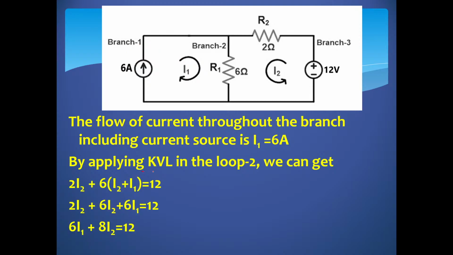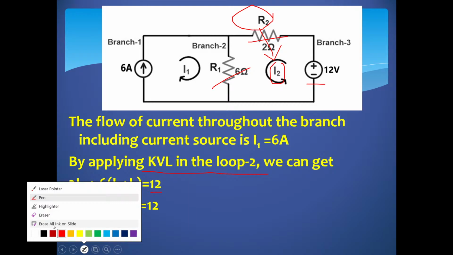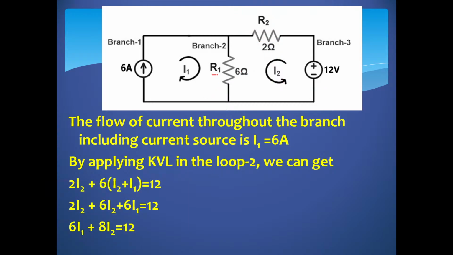Now apply KVL in loop 2. In loop 2, there is a voltage source, resistor R2, and resistor R1. So 12, the source voltage, is equal to R2 into I2, the voltage drop across R2, plus R1 into (I1 plus I2).